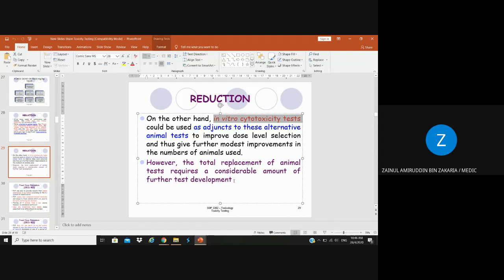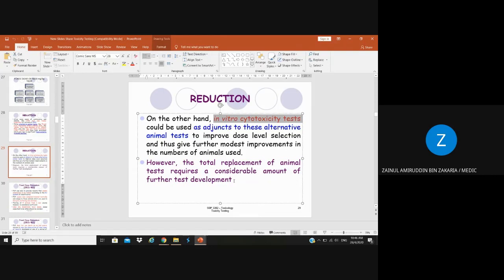Because for example, what happened to curcumin: when they first found that curcumin has anti-cancer activity using in vitro, the report was published and everybody was very excited, then when they tested on the animal, nothing happened.